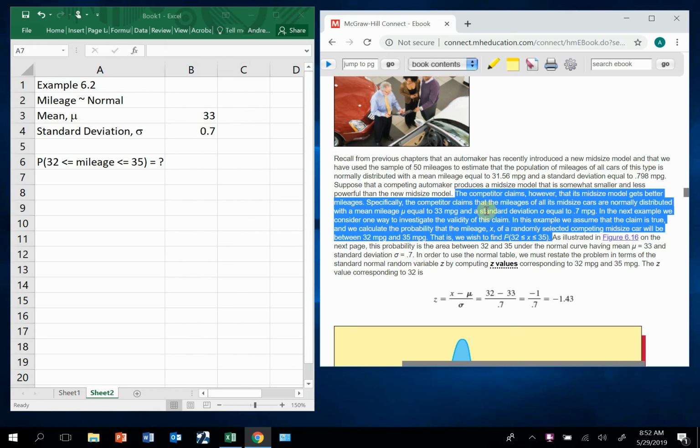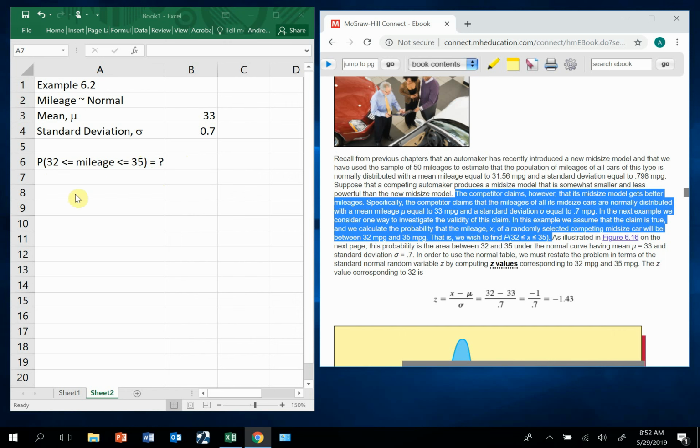We know that the mileage is normally distributed with an average of 33 and a standard deviation of 0.7. That doesn't mean all the cars have 33 miles per gallon, that's just the average. So I want to know what are the chances I would be between 32 and 35. Let me show you how to solve this.